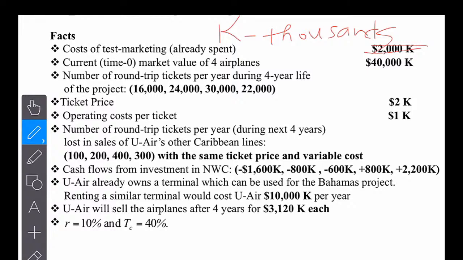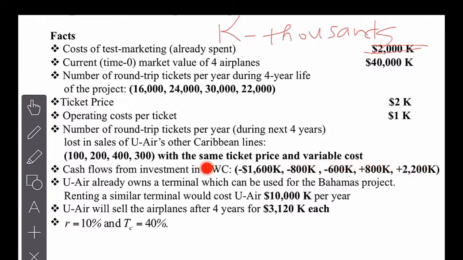Here are the tickets that we anticipate. Here's a ticket price and here's a ticket cost. Then don't forget, we're going to lose some sales. These are lost sales to other lines, so to Jamaica, Puerto Rico. All right, then there's the investment piece. These are cash flows from the investment. Now I have to tell you where I got these numbers from.